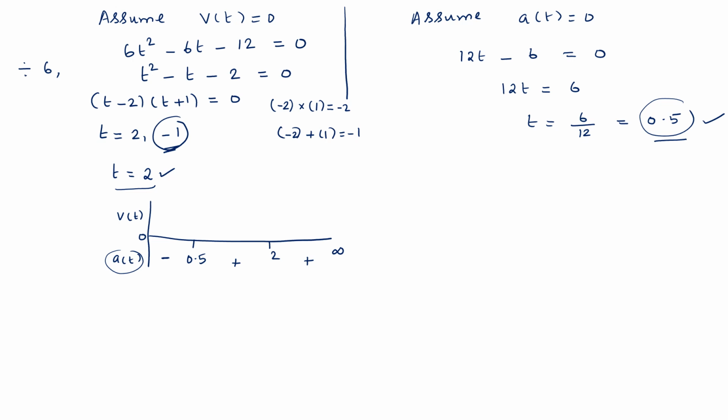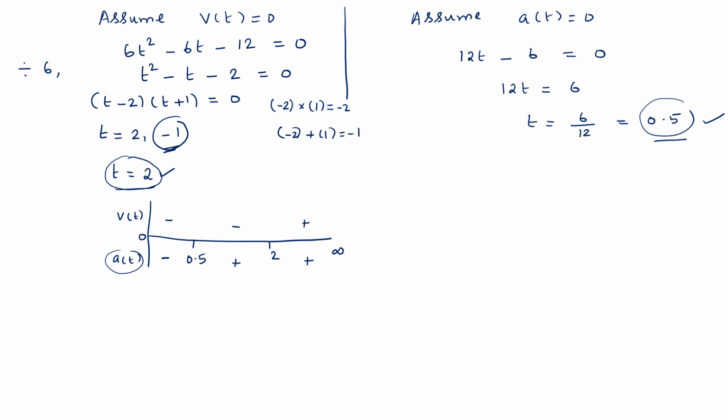And here same concept you can use for t equal to 2. What is the sign of v, velocity? t is taken only one value. Less than 2 it is negative, so in this interval negative, in this interval negative, and more than 2 it is positive.